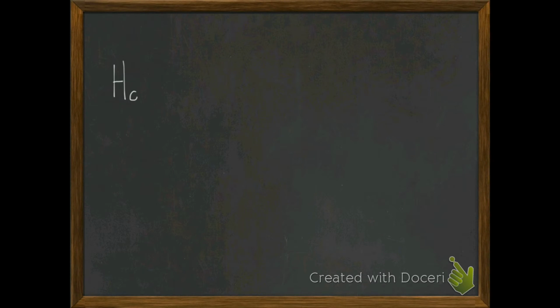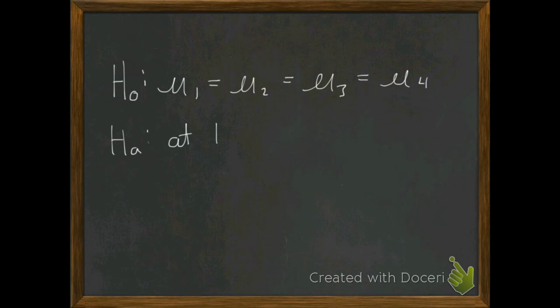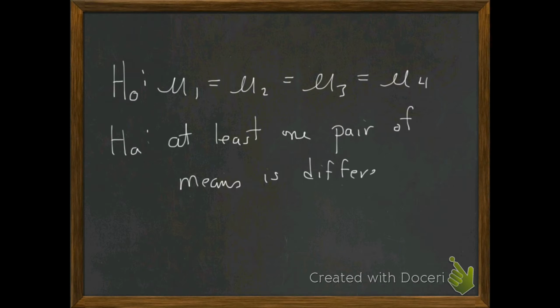So we're going to test mu1 equal mu2 equal mu3 equal mu4 against at least one pair of means is different.